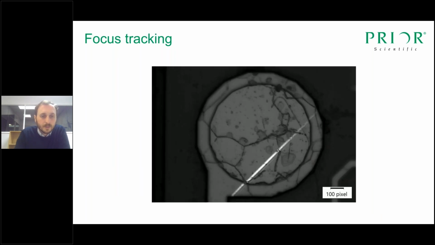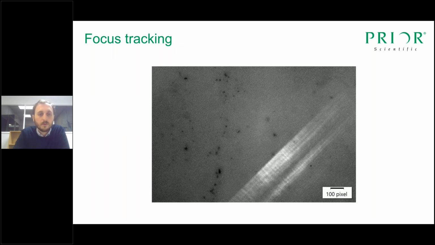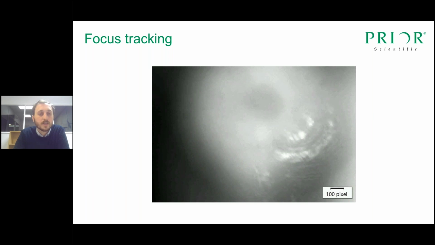Focus tracking. If you think about a semiconductor wafer, it's very large, and at high magnifications your depth of focus is very small, and thus it can be difficult to maintain focus on the sample as you move around.